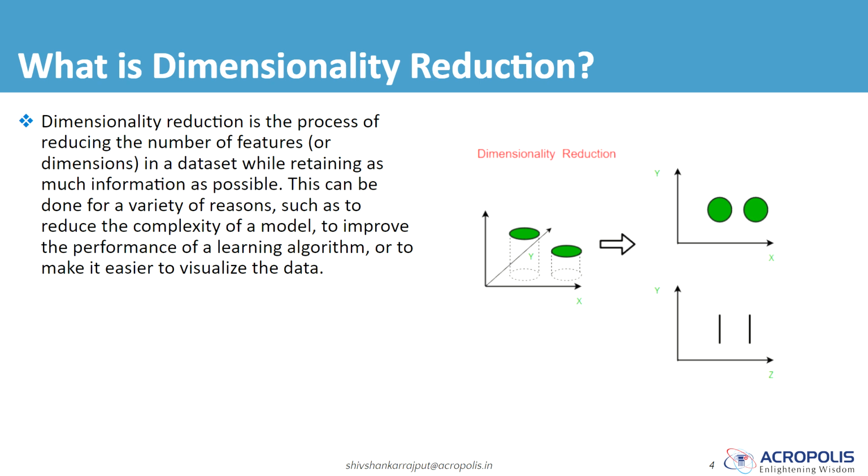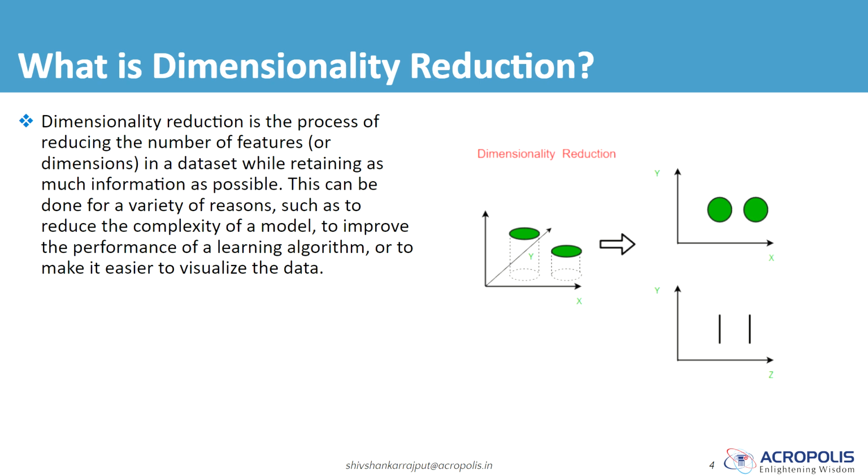Now, what is dimensionality reduction? Dimensionality reduction is a process of reducing the number of features or dimensions in a dataset while retaining as much information as possible. It means it is a process of reducing the high dimension data. This can be done for a variety of reasons, such as to reduce the complexity of a model, to improve the performance of a learning model, or to make it easier to visualize the data.